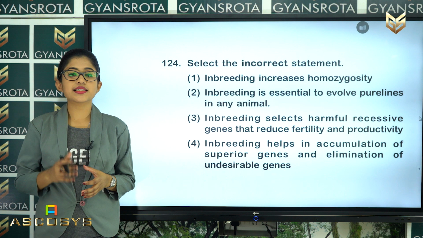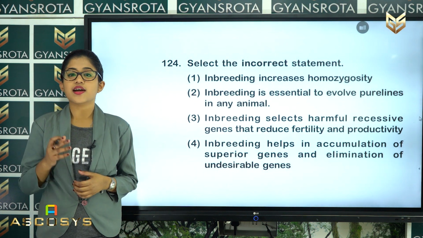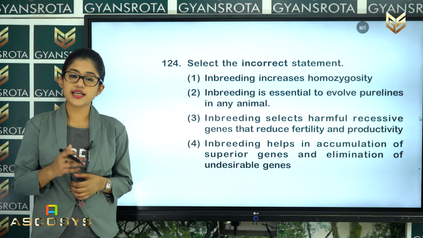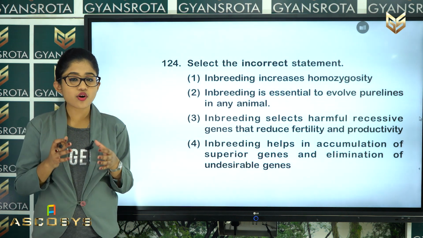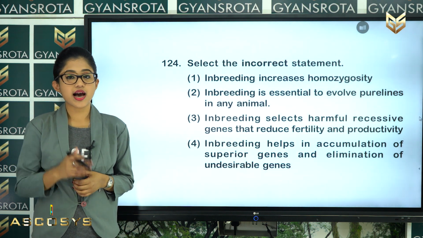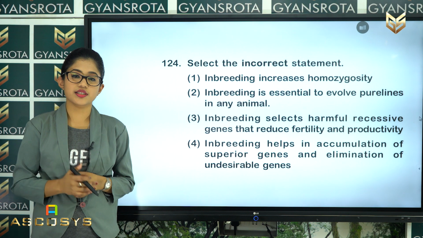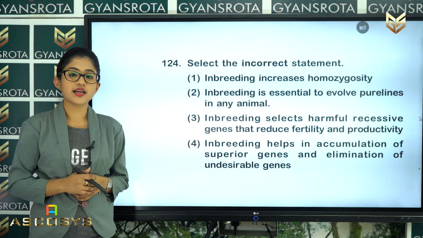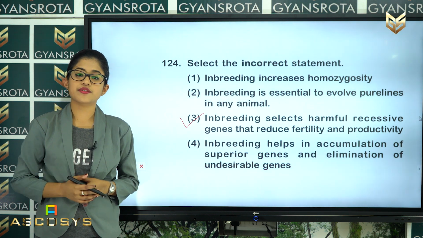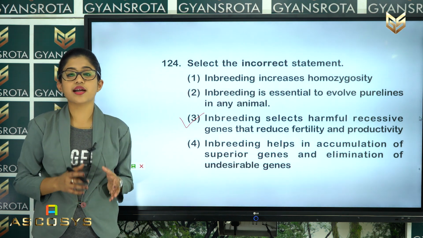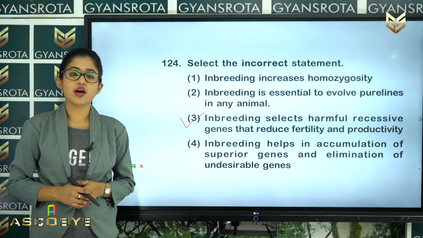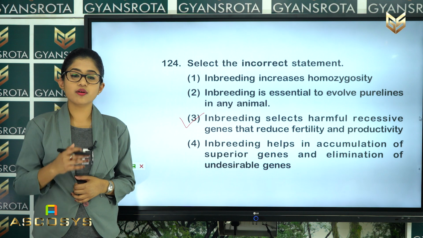Inbreeding exposes the recessive genes, and those recessive genes are eliminated by selection, and this also helps in the accumulation of superior genes and elimination of undesirable genes. So, option number 3 is the incorrect statement. I hope it is very clear to you. You can refer to that chapter for more details.